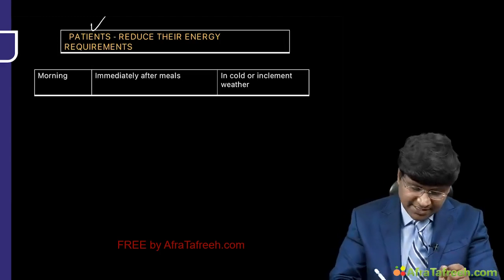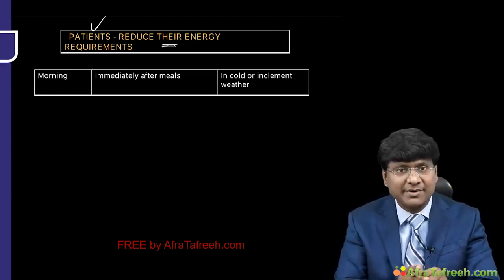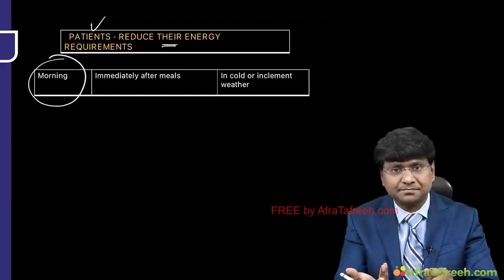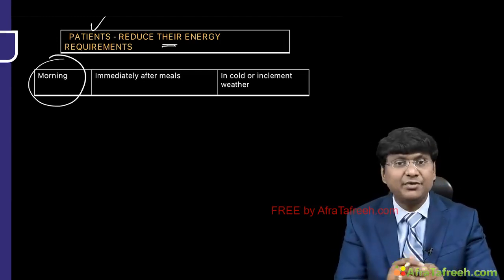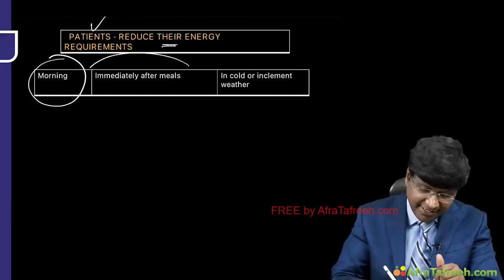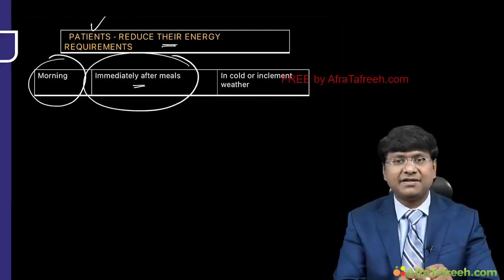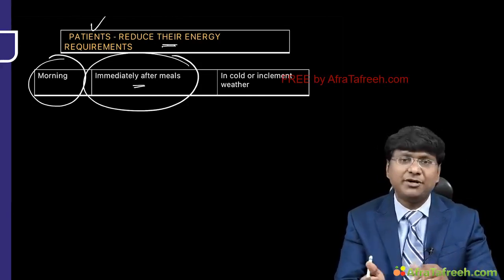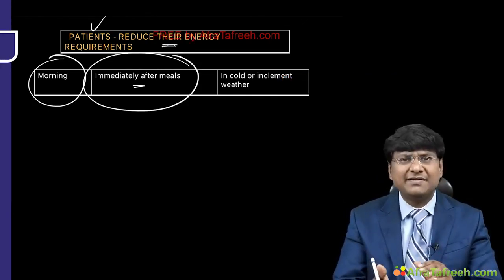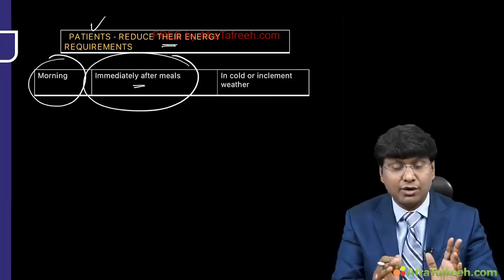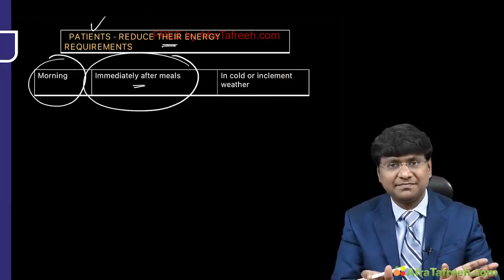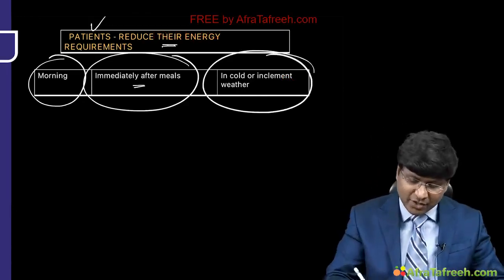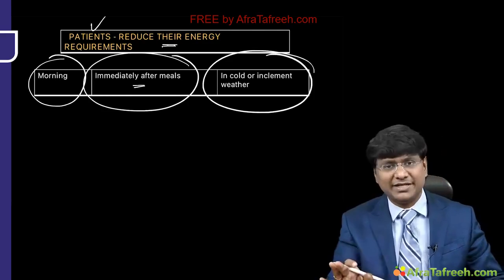They should reduce their energy requirements during the morning, because during the morning the metabolic demand is more, and also immediately after a meal in patients with ischemic heart disease or at risk of developing stable angina pectoris. So immediately after a meal, the individual should not go for a walk or do an exertional activity, right? And he also has to reduce the energy requirement in the cold or inclement weather.